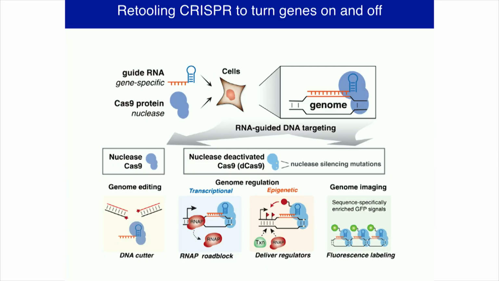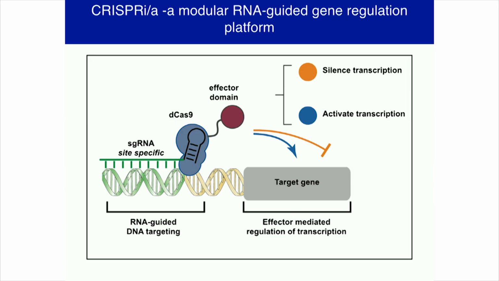And then, of course, as you also heard, you can fuse this to green fluorescent protein and light up specific loci. Really, for these screening lectures, though, the most important functions are to either bring in silencing domains, so typically we've used a KRAB domain, but other silencing domains have been studied, or an activation domain, like a viral VP16 protein.